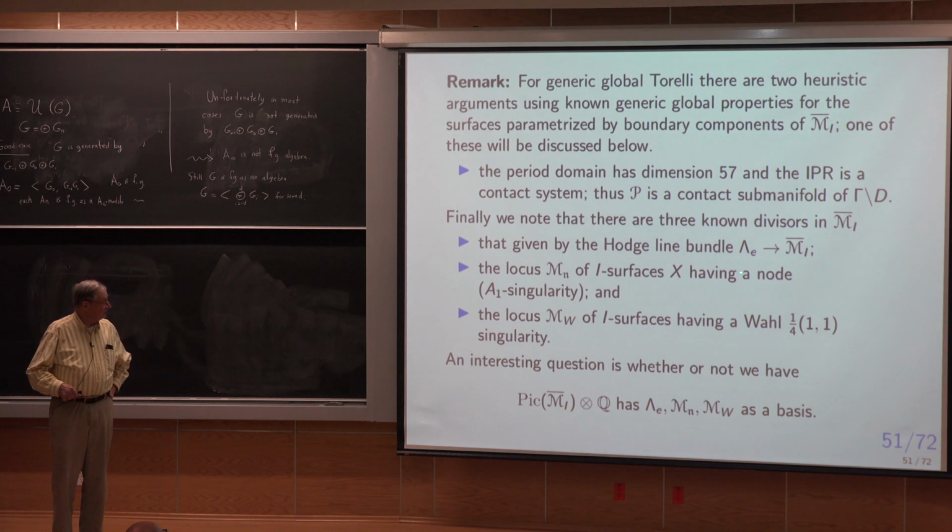Then there's the locus of surfaces having a node, and the locus of surfaces, these are the interesting ones, having this 1/4(1,1) singularity. It's not known whether these are a basis for the Picard group. This would be a very nice global theorem, sort of like one knows the Picard group of M_g bar has 2 generators, the Hodge line bundle and nodal curves. This would be the analog.